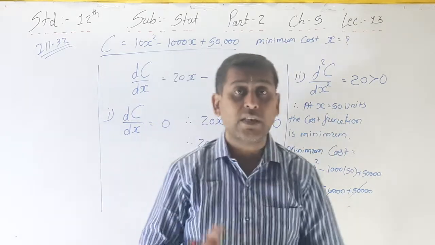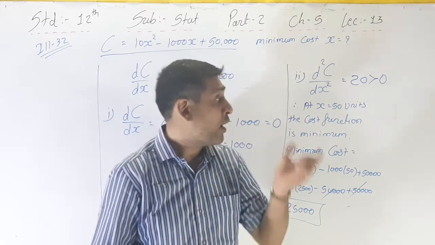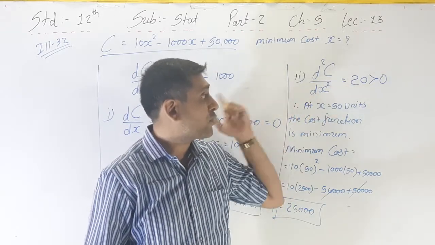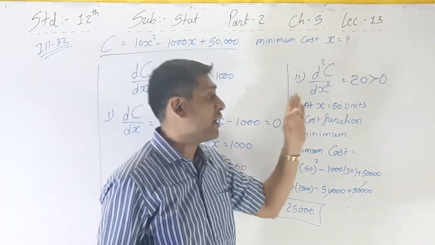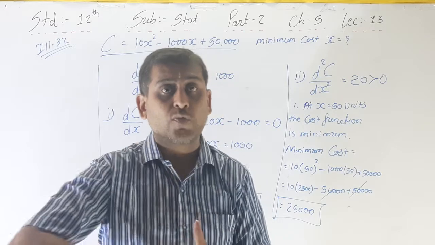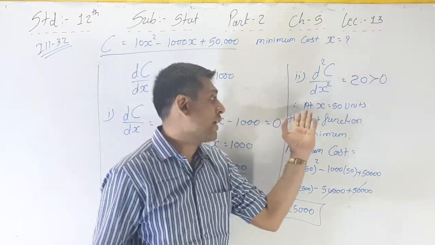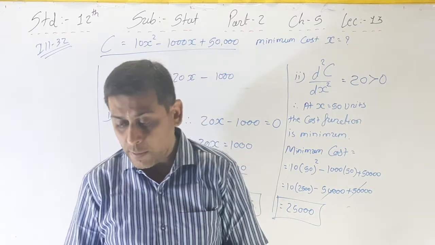That is the final answer, 20, which is greater than 0, that is positive. So we can say that both conditions are fulfilled. That's why we can say that at the production of x units, or at x equal to 50 units, the cost function is minimum, right?